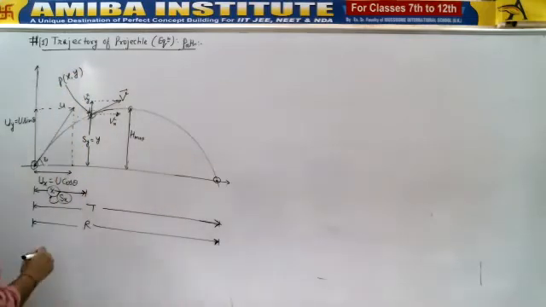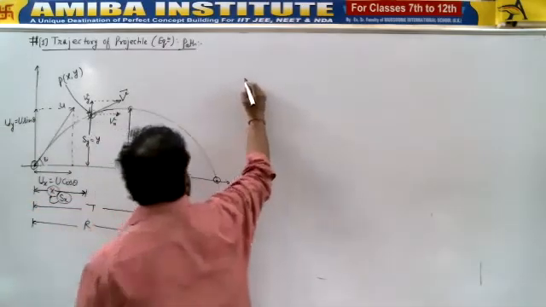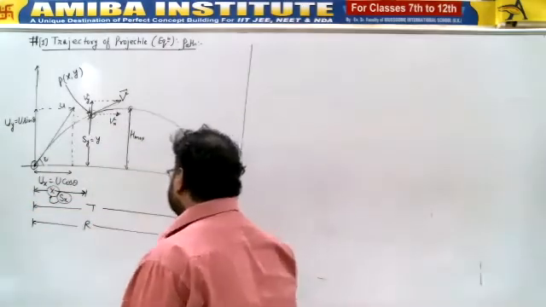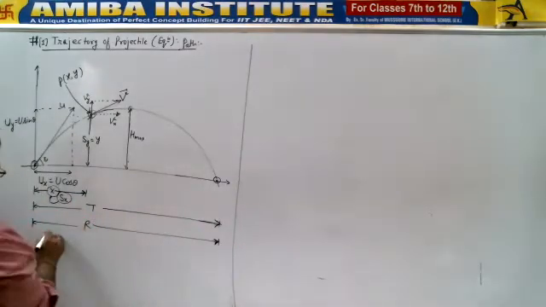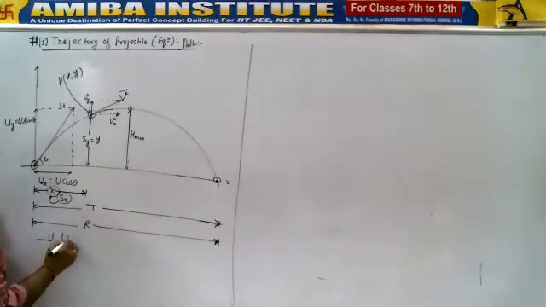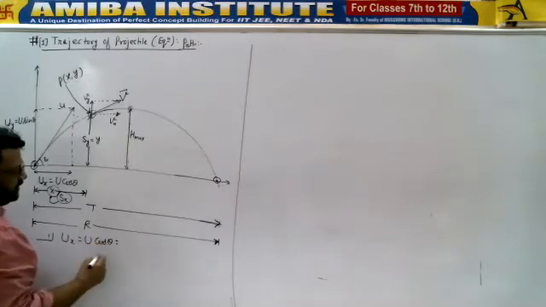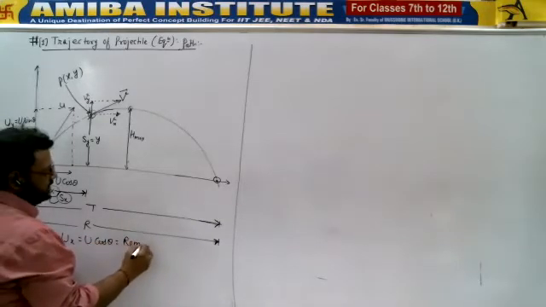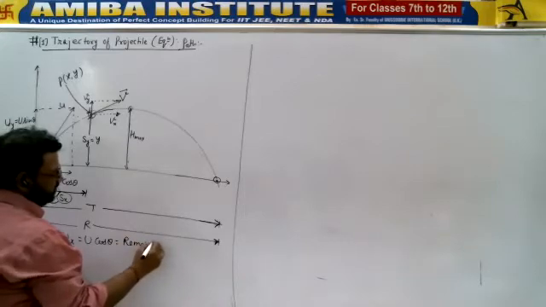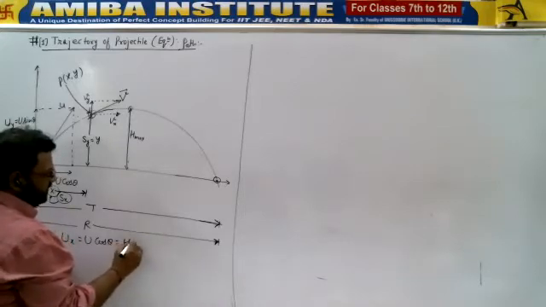Now we have already given certain situations and assumptions. What are they? First, ux is equal to u cos theta, which always remains constant. This is the horizontal component, right?